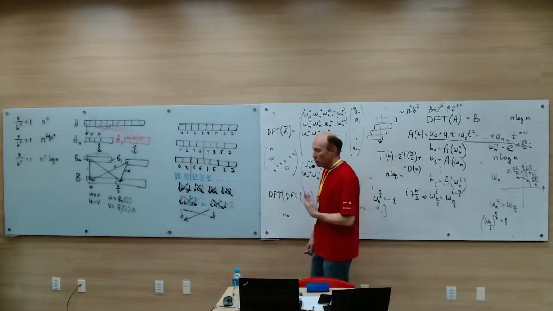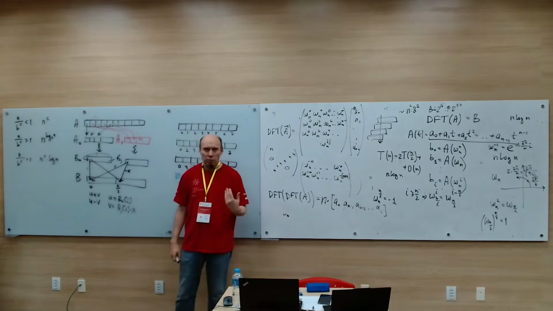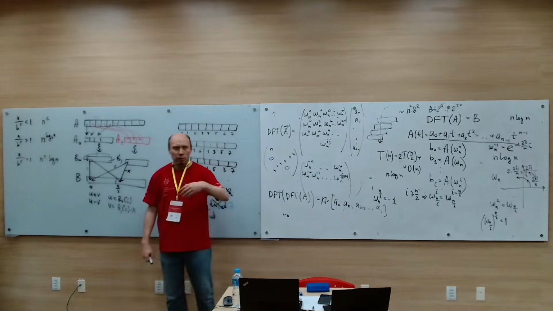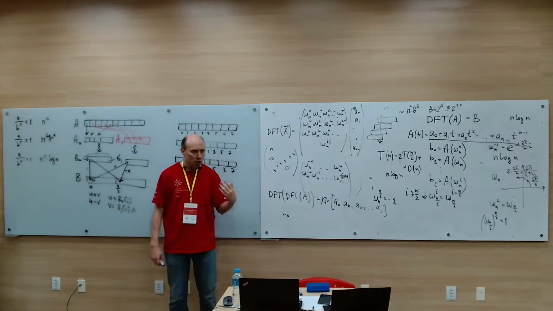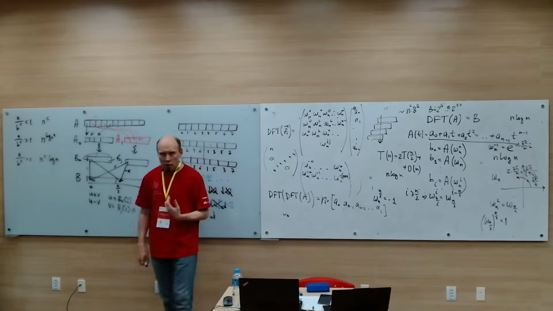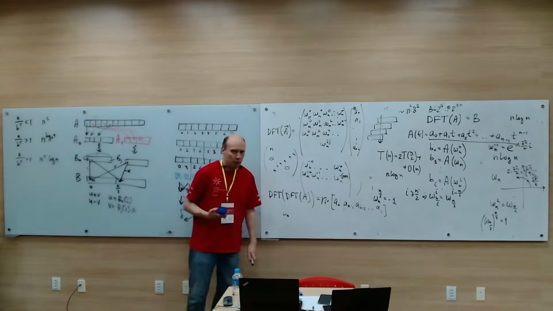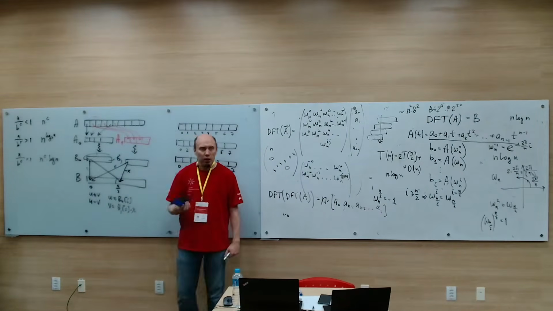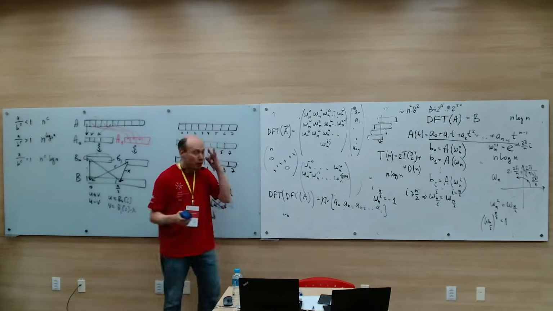Can we find another algebraic structure different from complex numbers that has multiplication, addition, and primitive roots of unity? The answer is yes, and that is fields of prime size, but for some special prime numbers. Let's look at that.